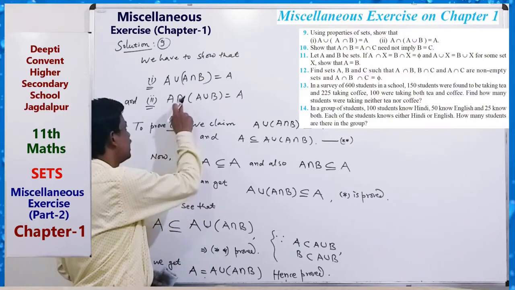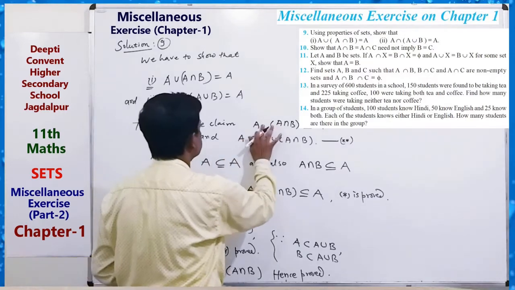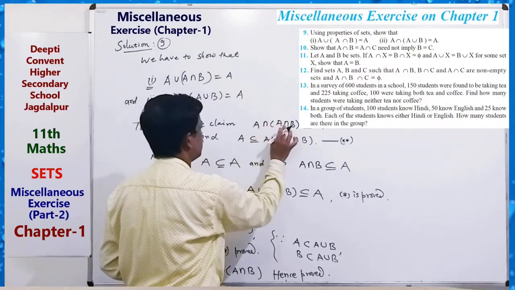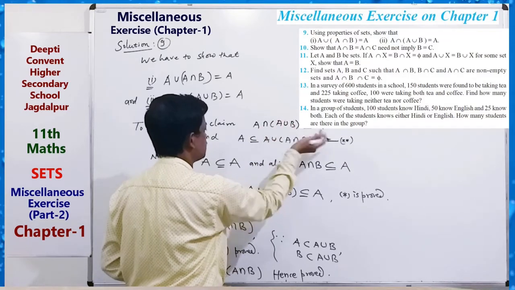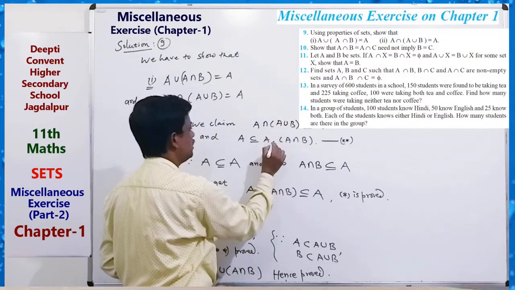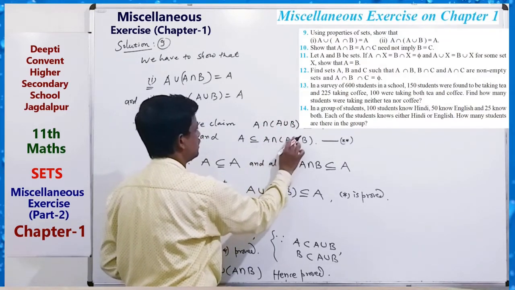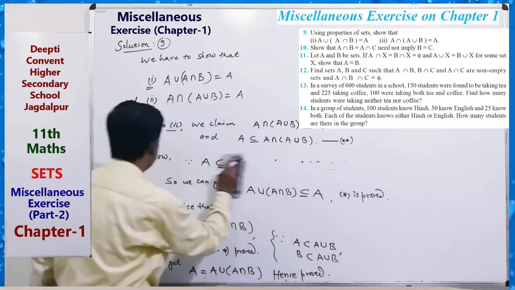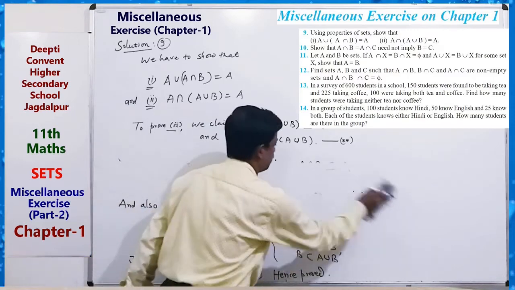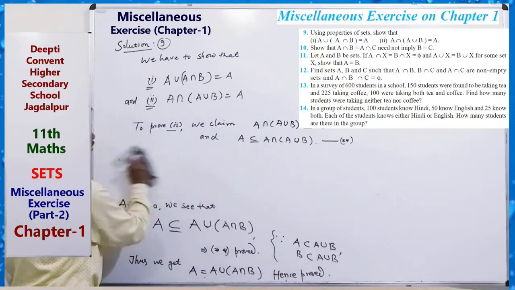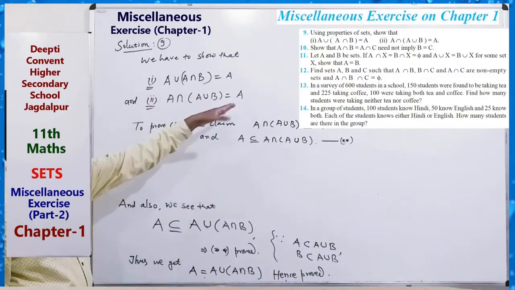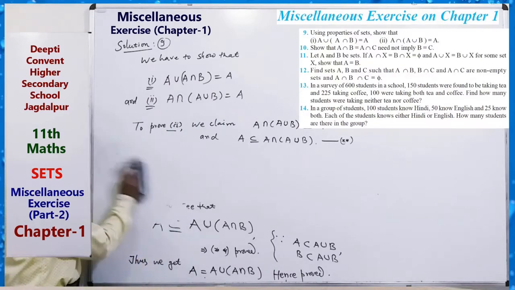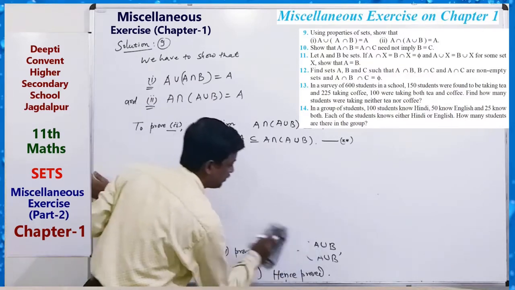To prove the second, A intersection (A union B) equals A, we have to show this is a subset of this and this is a subset of this.